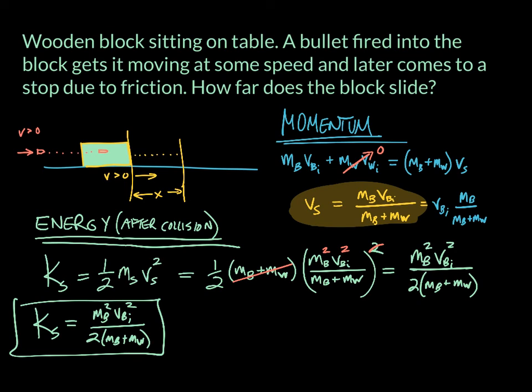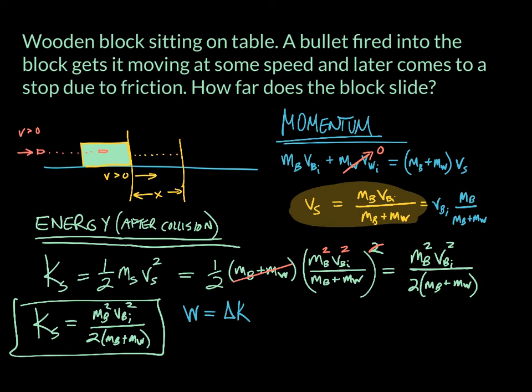So what we need to remember is that we have this work equals change in kinetic energy business. So we have the change in kinetic energy. It's going to start at this initial kinetic energy, the K sub S, K of the system, right after the collision.